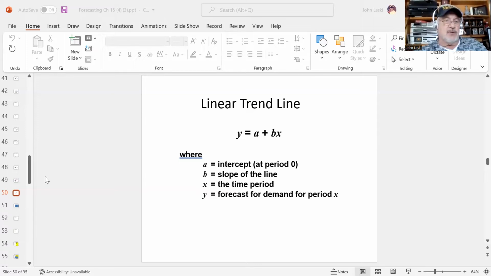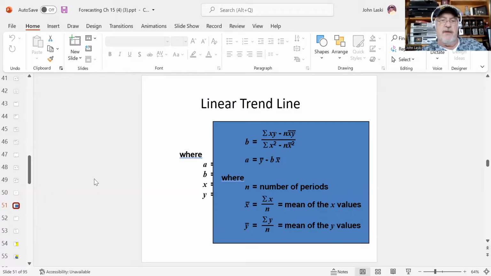And so when we start to look at, and let me see if I can get the slides to move, we noticed that we needed to define something called alpha, because Y we said was the demand outcome that we're looking for, the forecast outcome. So we said we needed an alpha, we needed a beta, and we had to understand what X is. Well, the formula for arriving at beta, and we'll do that one first because we need that result to plug in to our calculus to determine alpha.